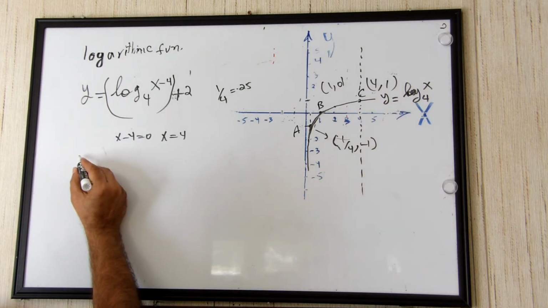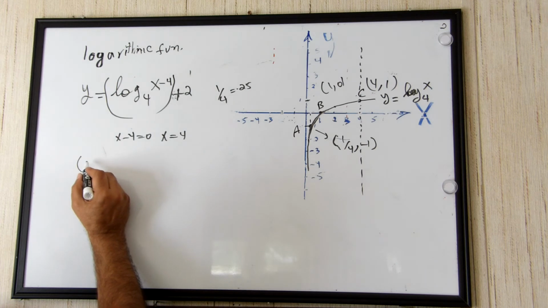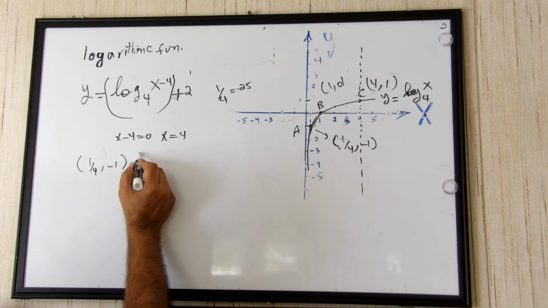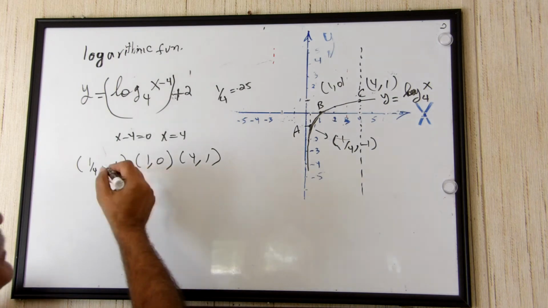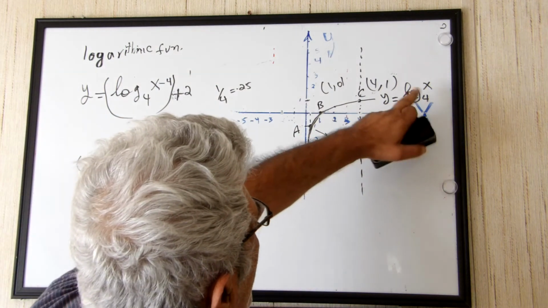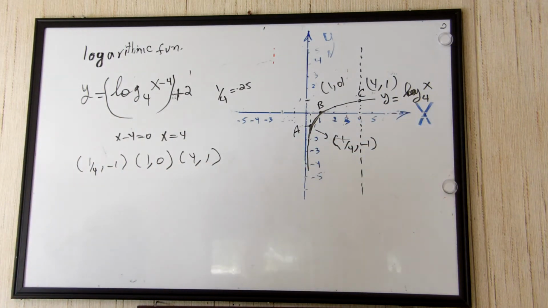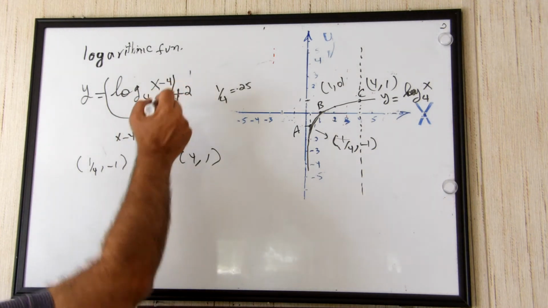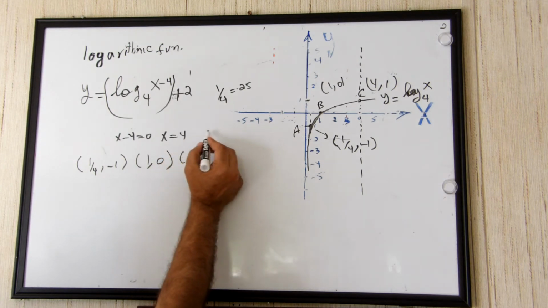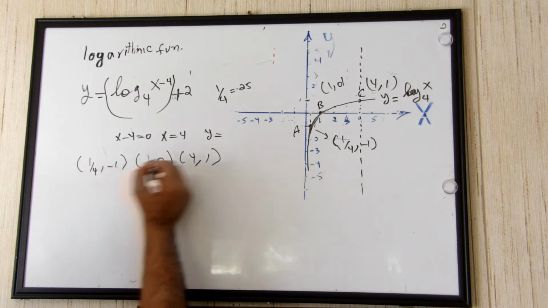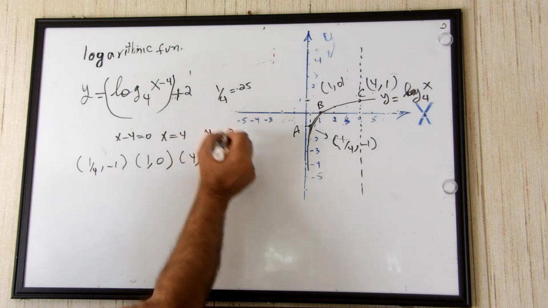We say the 3 points are 1 over 4 and minus 1, 1 and 0, and 4 and 1. These are the 3 points of log of x to base 4. So we have this transformation. X is going to shift 4 units, and y is going to shift 2 units.